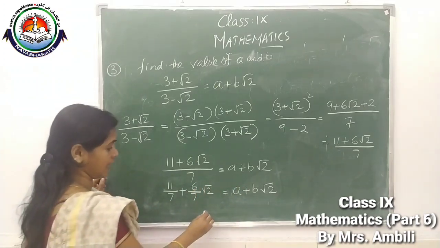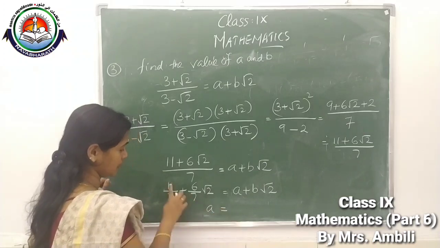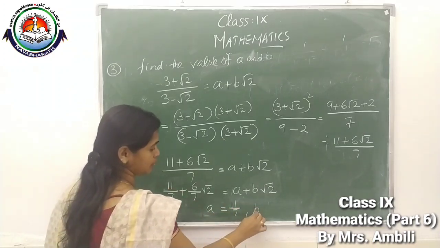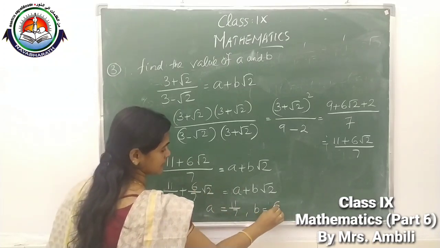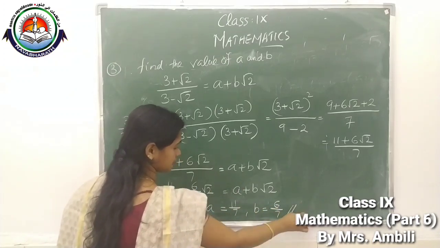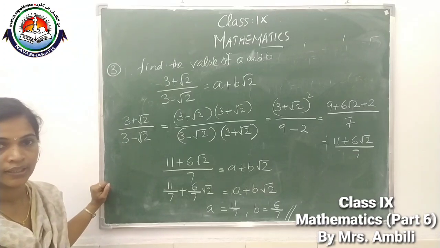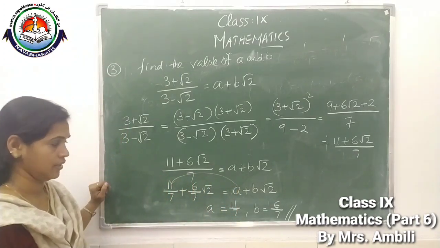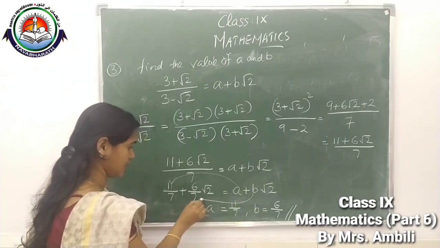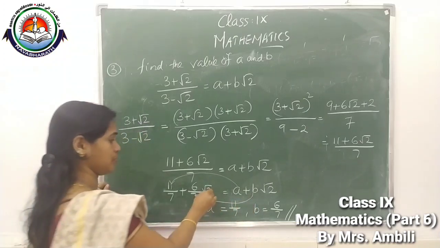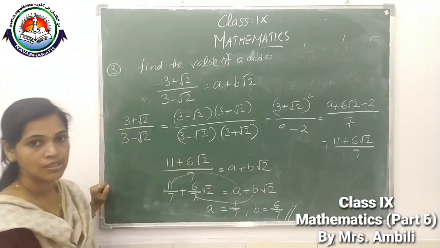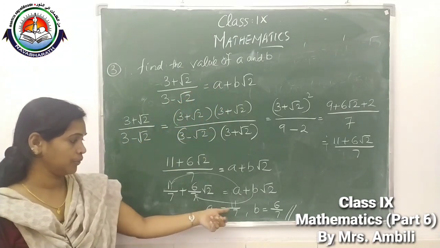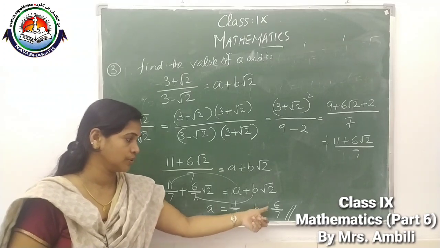So we can write a equals 11 by 7, and b equals 6 by 7. Clear? Instead of a we have 11 by 7, instead of b we have 6 by 7, and root 2 is in both. So a equals 11/7, b equals 6/7.